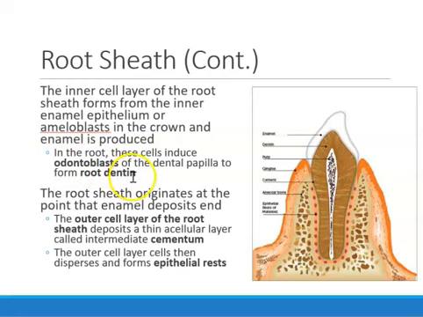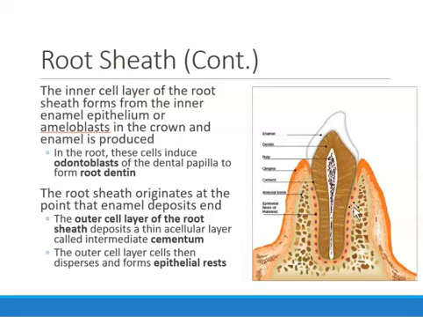They make dentin in the root. The reason I have this picture here is because we can see the dentin here and it extends all the way down to the root. So the root, which is this part over here, and this is the crown, the root needs dentin too. So odontoblasts come from the root sheath, and they make dentin in the root.